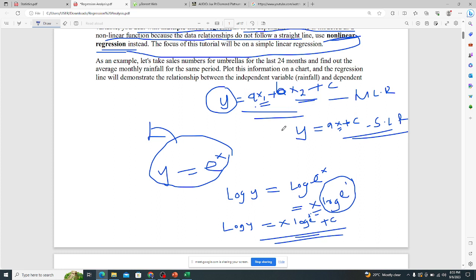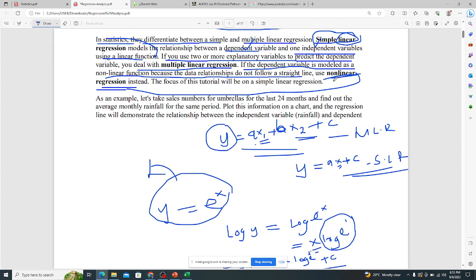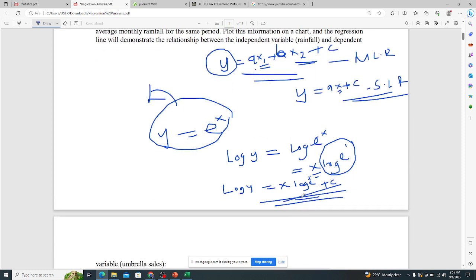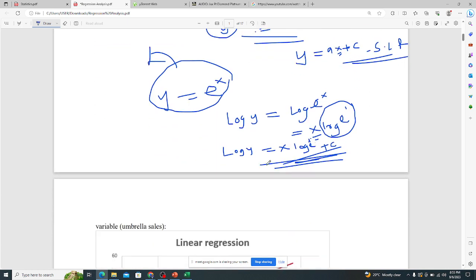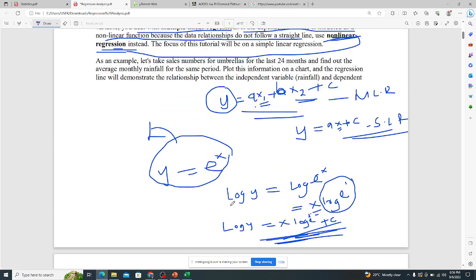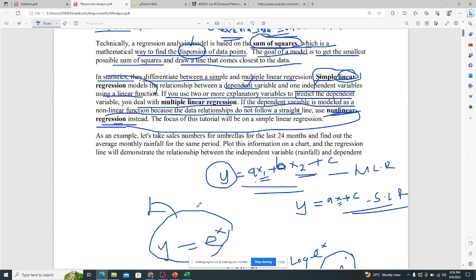So these are some special cases which you can use to change non-linear regression to a linear regression, or a non-linear related variable to a linear relationship. All right, I hope up to that point I'm clear.